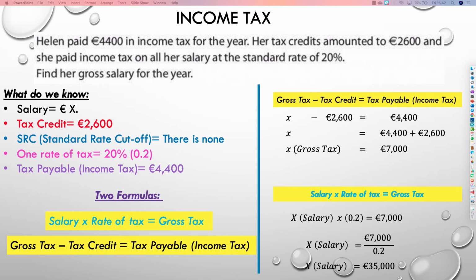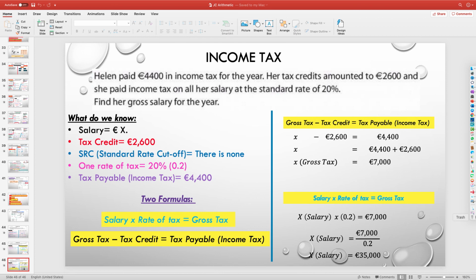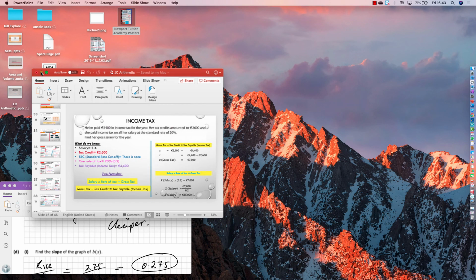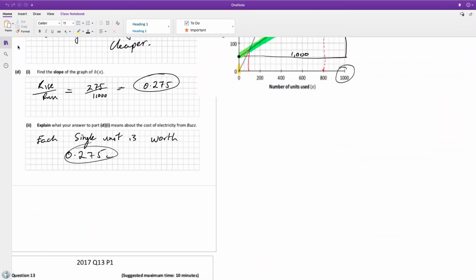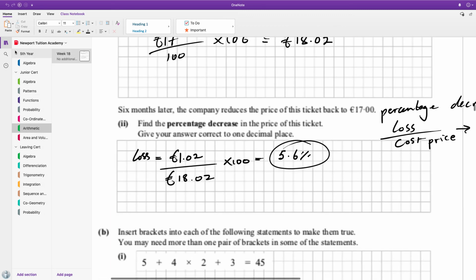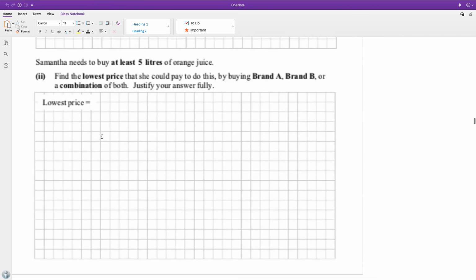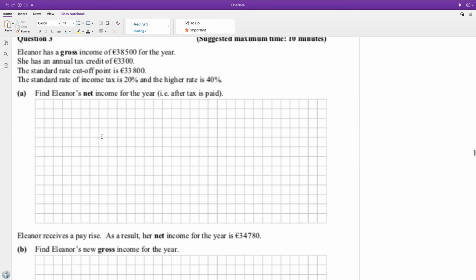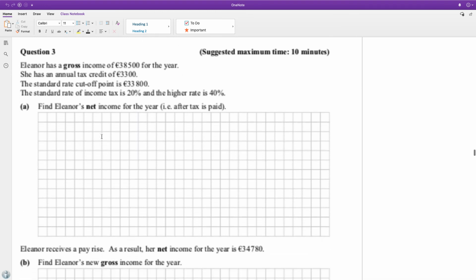Right, let's have a go at some of these types of questions. 2015 paper 1, question 3.